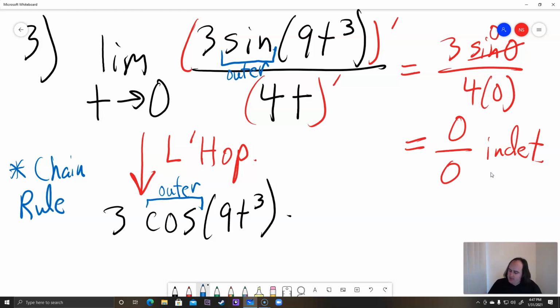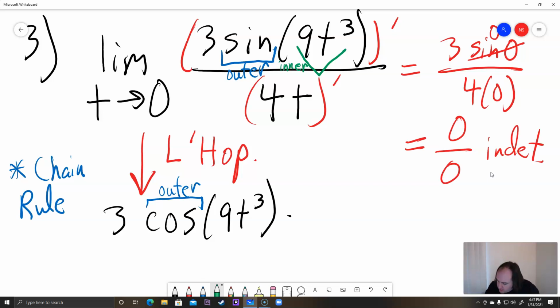And now I take the derivative of the inner function. The inner function is 9t cubed. For that one, we're going to use the power rule.